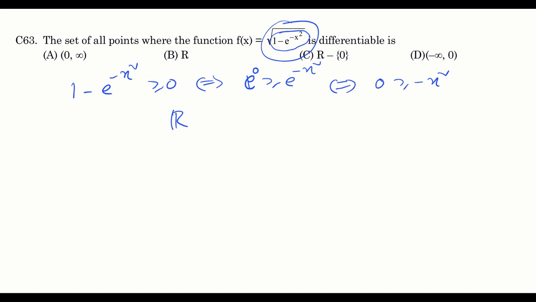Now we know that 1 minus e power minus x square is differentiable everywhere. No problem with that. Now root x is differentiable over the domain where this is not equal to 0. We know that the domain of root x is R plus union 0.